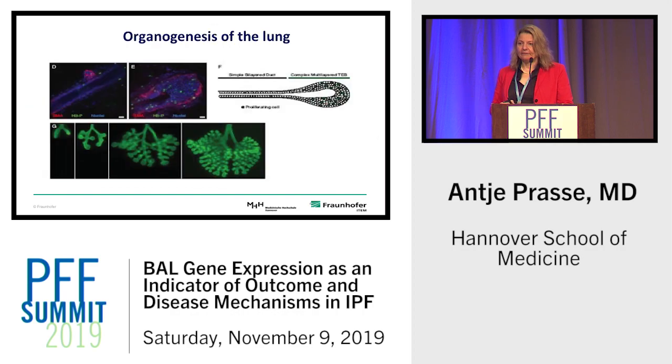And in the next couple of slides, I would like to speculate about these findings. So we think that this is a process mimicking mechanisms which are going on in organ development. So we think that this is a misled recapitulation of developmental programs of lung development.